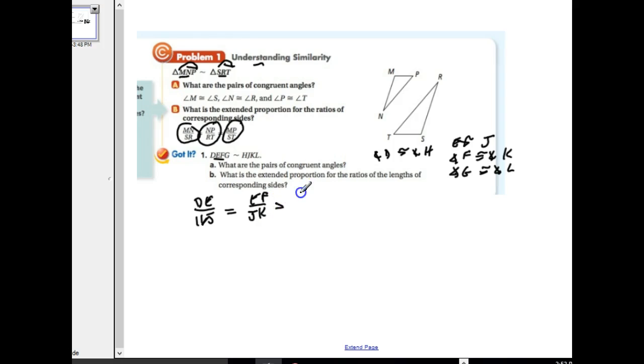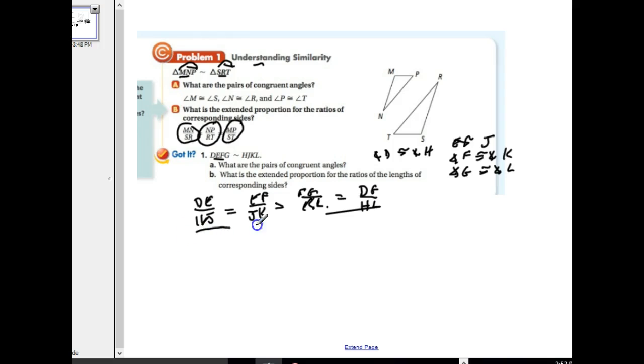Then FG is going to correspond with KL. And then finally, DG, which is the first and the last one, would correspond with HL. And that would be your extended proportions.